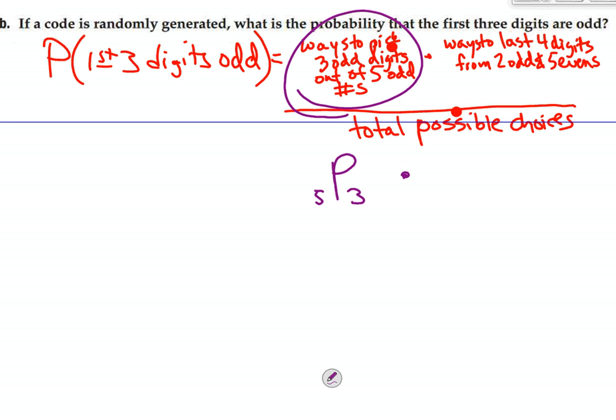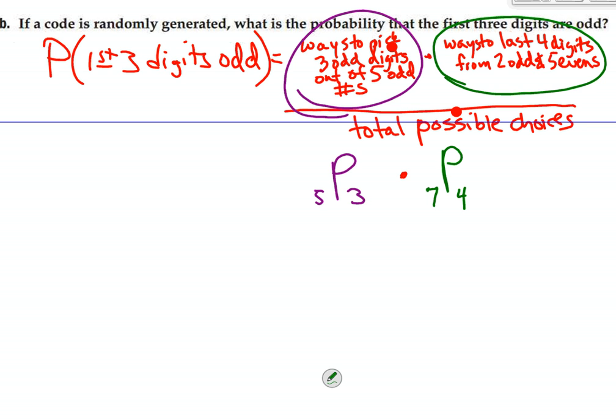And then how many choices do I have for this other part? Oh, I was going to do a different color. How many choices do I have for this part of the win? I'm picking out of 7 digits, and how many do I need? 4. So permutations of 7 things, picking 4 at a time.